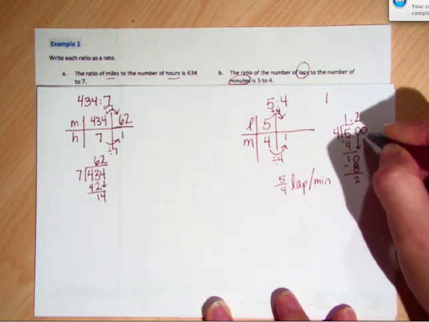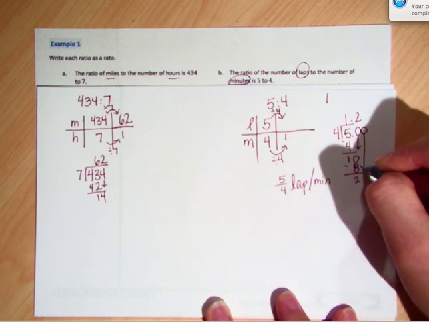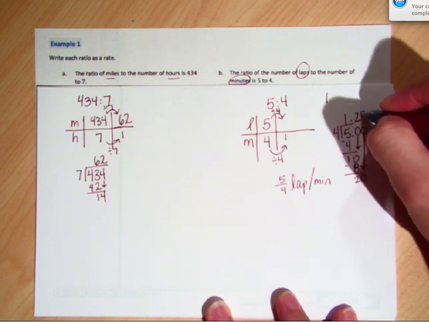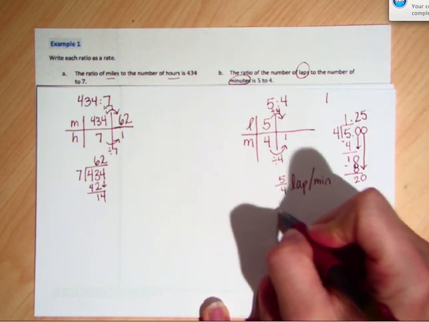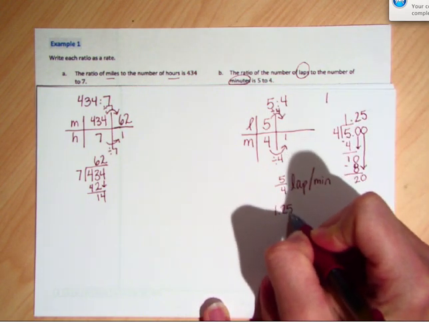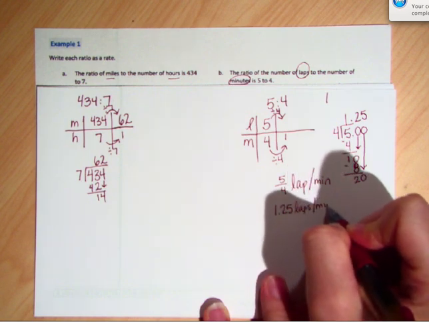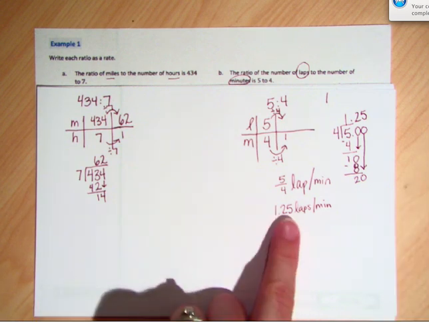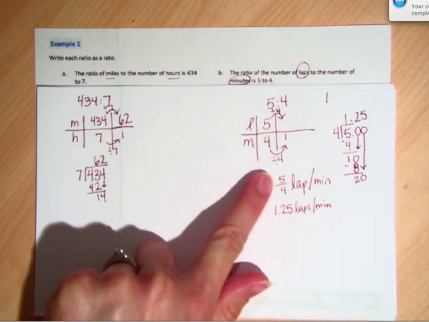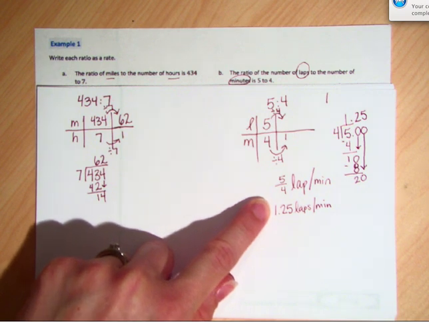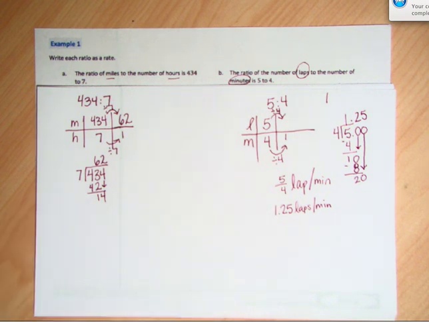I got to add another 0 here in my problem. Bring down my 0. 20 divided by 4 is 5. So I can do 1.25 laps per minute. That makes more sense to my brain. This one is correct, but this one I think makes a little bit more sense. And if it makes more sense to you, I'm okay with you doing it that way.